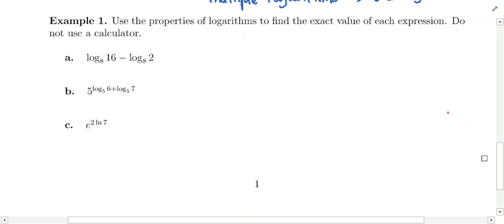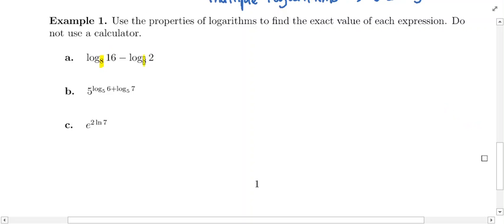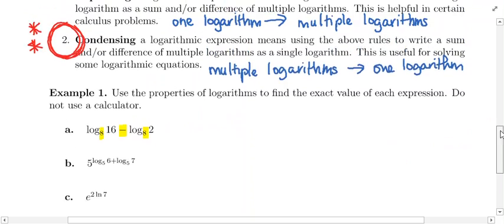The key here is that these are both the same base. They are both base 8 logarithms, and we're subtracting them. So we have two logarithms of the same base that we are subtracting.